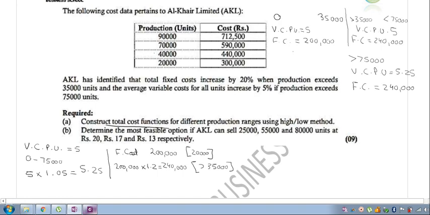The first equation, which will apply to the first range, 0 to 35,000 units, will be total cost equals 200,000, which is my fixed cost, and variable cost of 5.